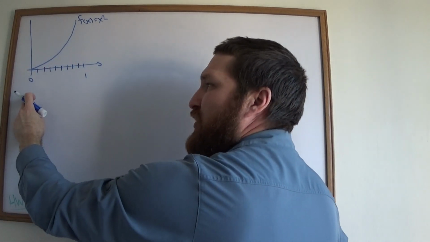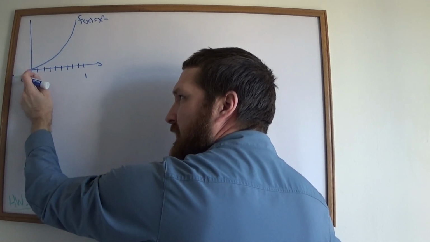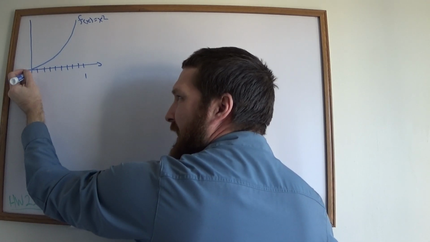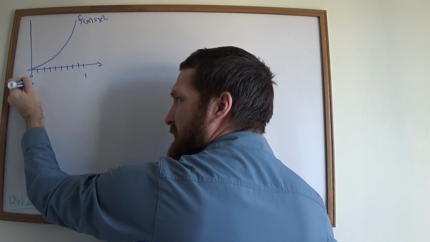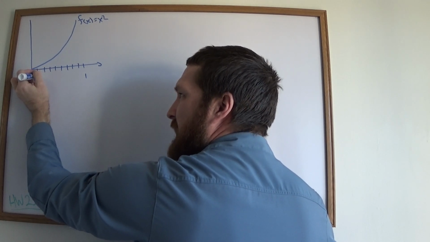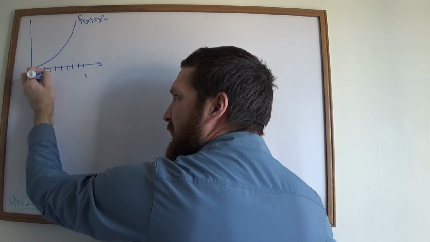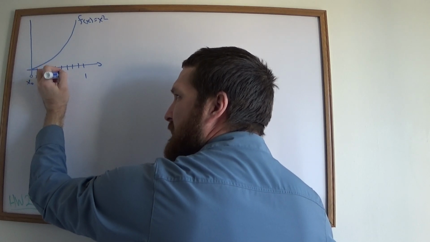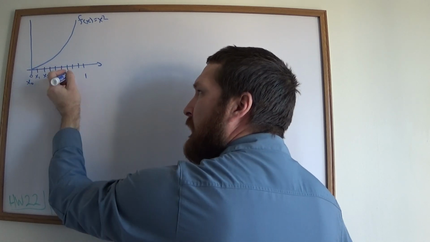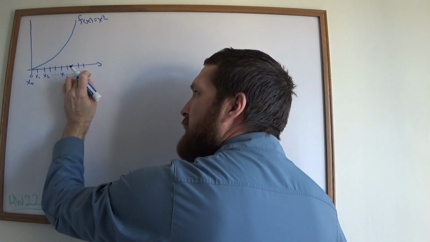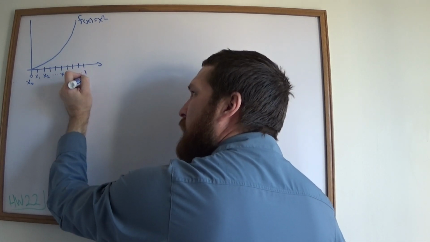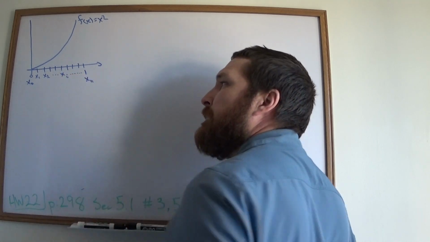Now this will be useful: whatever my left-hand endpoint is here, which happens to be 0, I'm going to call it x0. This is going to be x1. This is going to be x2, and so on, all the way up to xi, all the way up to the last one, which happens to be 1, and is going to be xn.